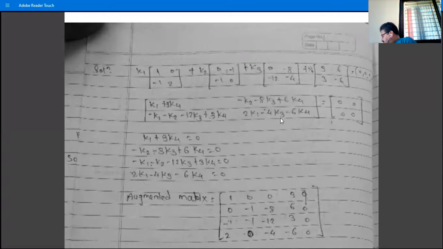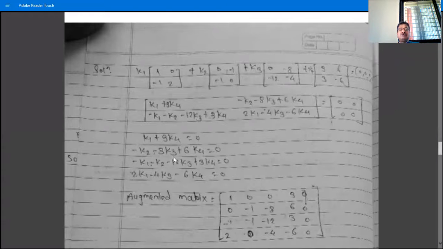So we have these four equations and four unknowns. We have to solve this system and find the values of k1, k2, k3, k4.